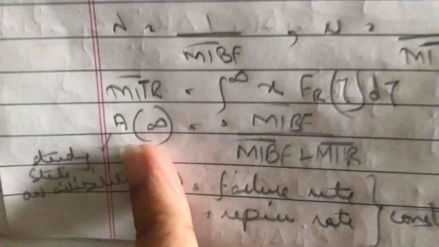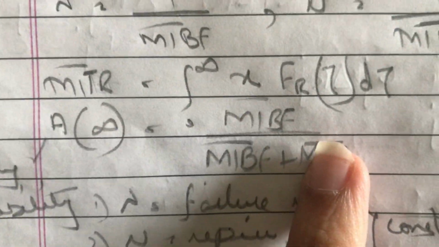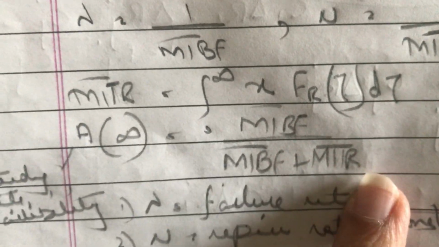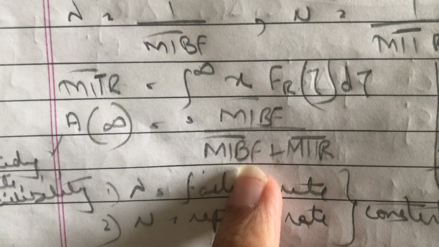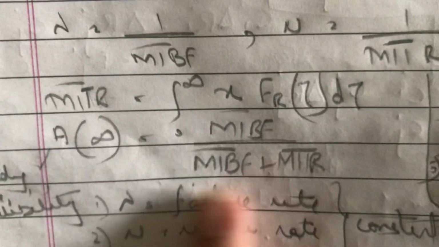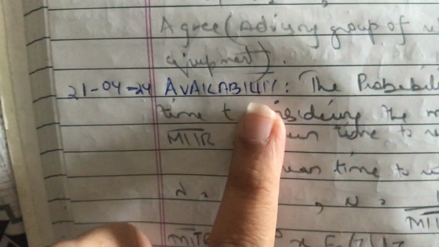It also has another formula: A infinity equals MTBF over MTBF plus MTTR. So mean time between failures divided by mean time between failures plus the mean time to repair. This is for availability.